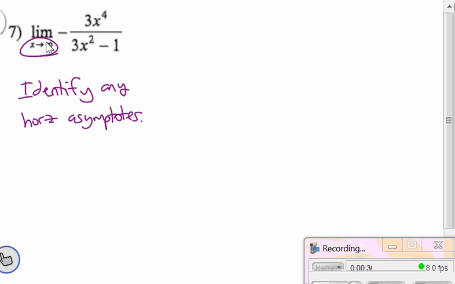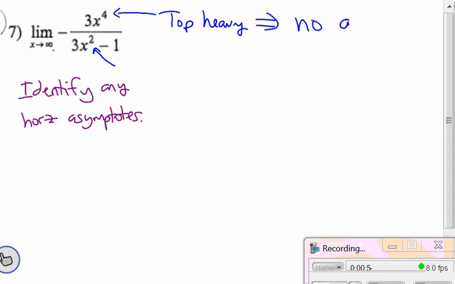Now, in this particular problem, what we learned in class about identifying asymptotes is if it's top-heavy, what I mean by that is the biggest degree is on the top. It looks like the degree on the top is bigger, so we call that top-heavy. And that means there is no horizontal asymptote.